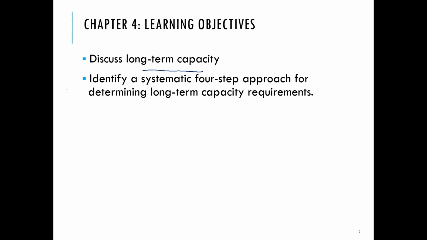And then we went on and identified a 4-step process or a 4-step approach. And the idea for that 4-step approach was that it will help us find out the need for long-term capacity. That was the discussion that we had last time. I will very briefly summarize what we went through last time, and then I will move on to our topics for today.